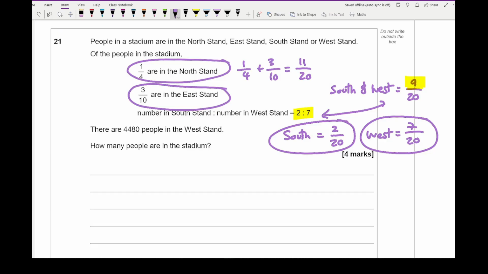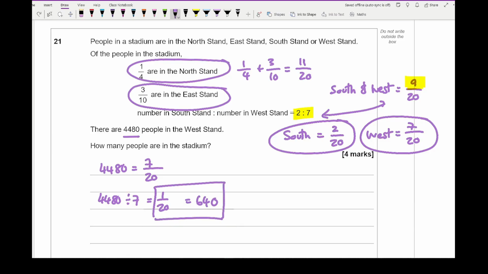Now from this, it tells me that 4,480 equals 7/20. So if I do 4,480 divided by 7, that's going to equal what 1/20 is. So 4,480 divided by 7 equals 640, and that is what 1/20 equals.